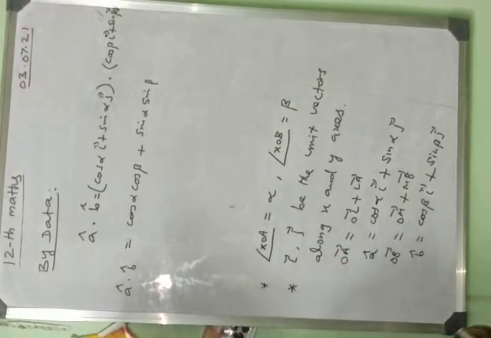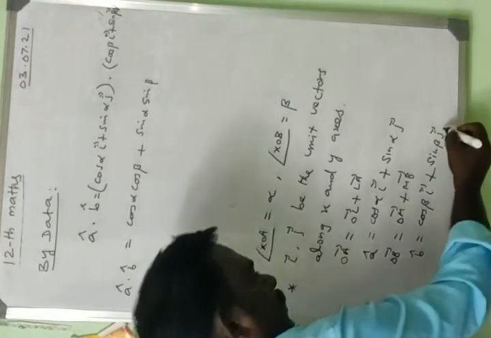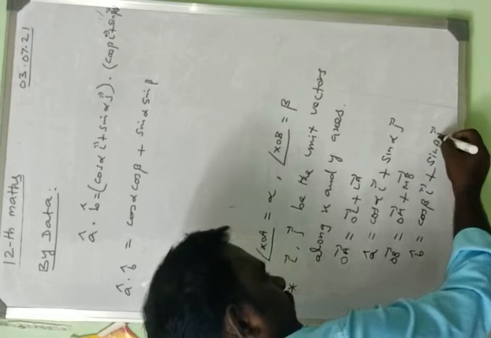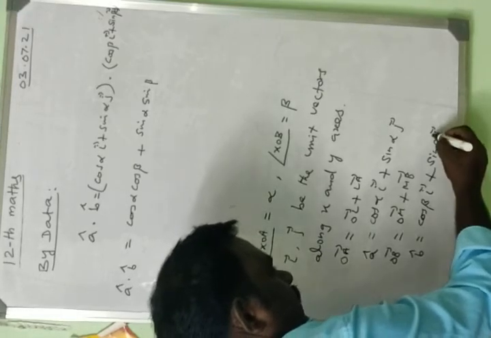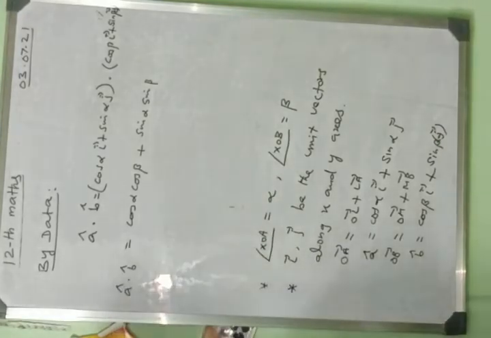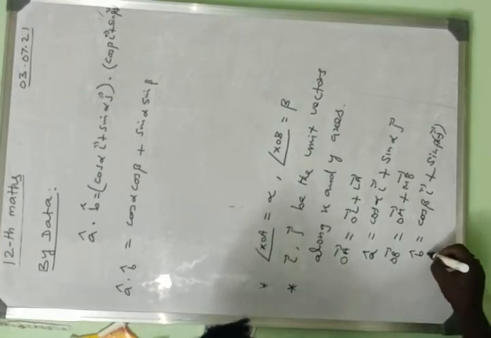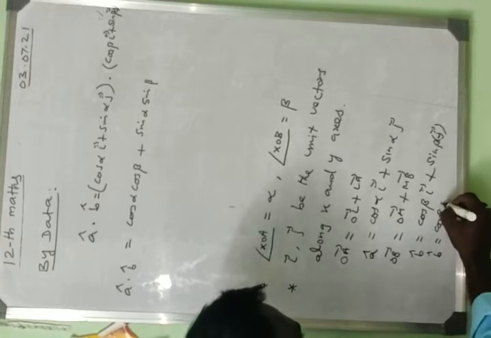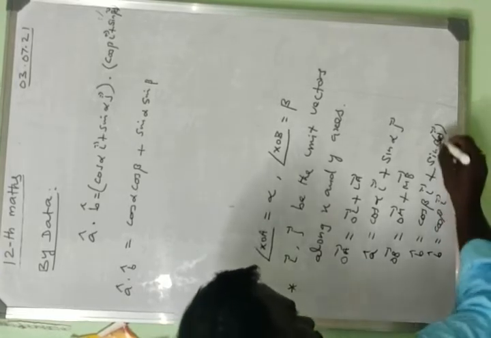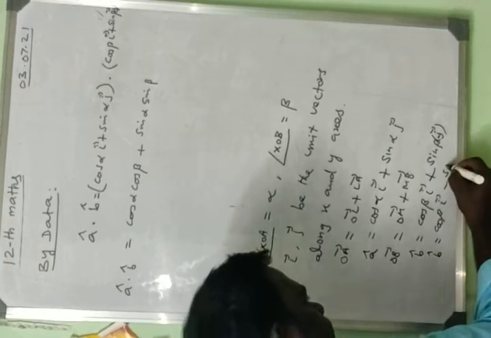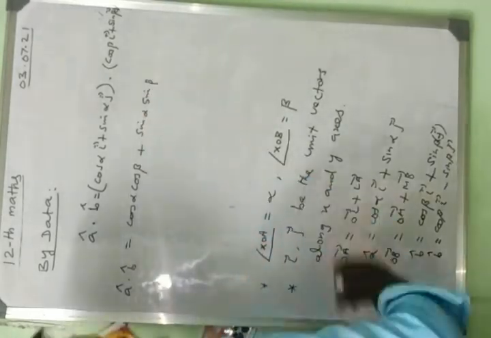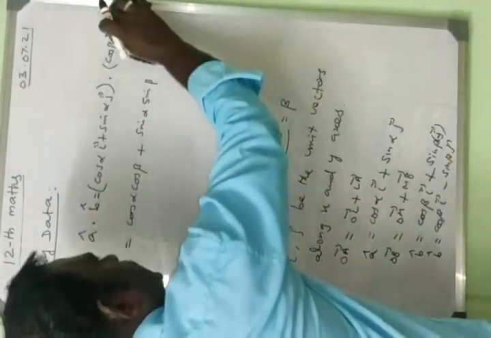Don't forget, here the minus sign is given. Very important, listen here. Minus A minus J means here we put cap A, another step coming: cos beta vector i plus, with minus, sin beta vector j. Now put the minus sign here.